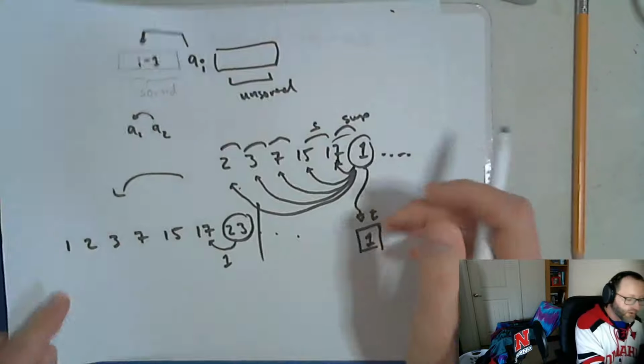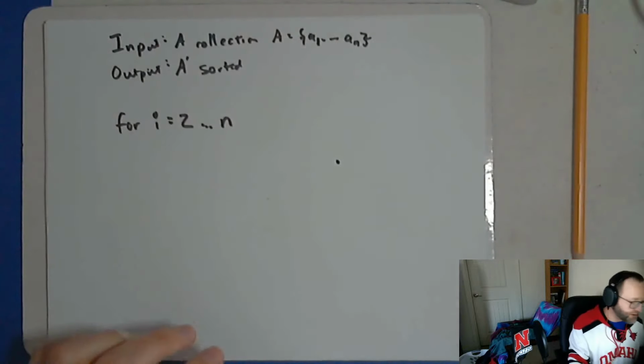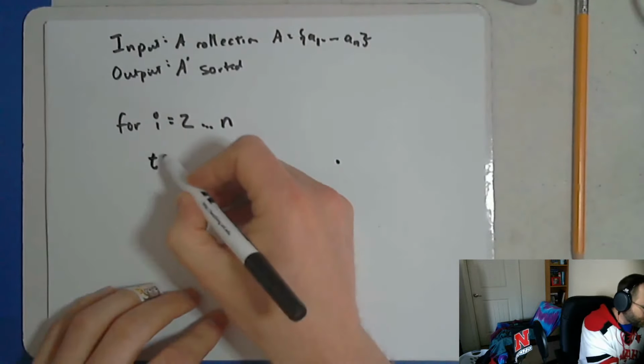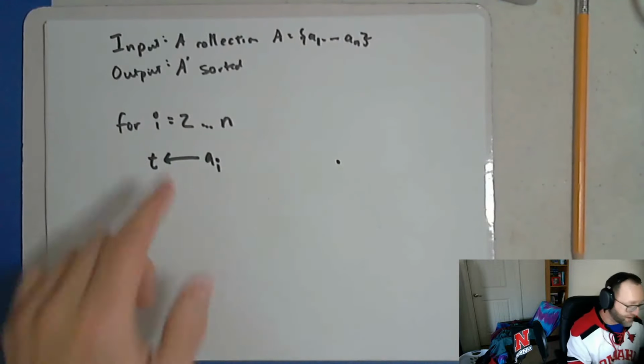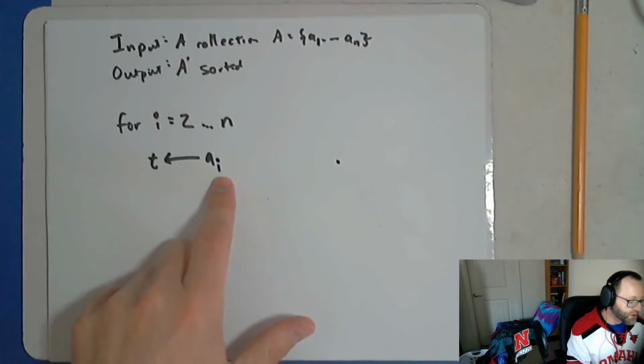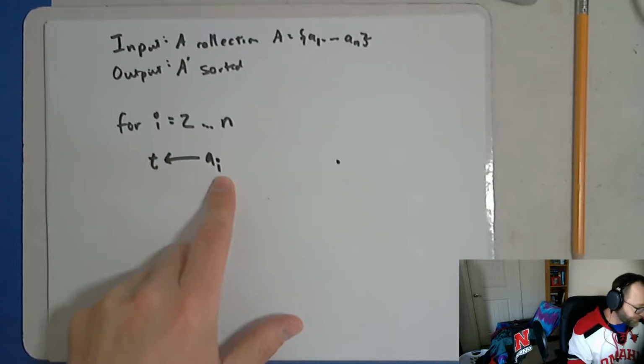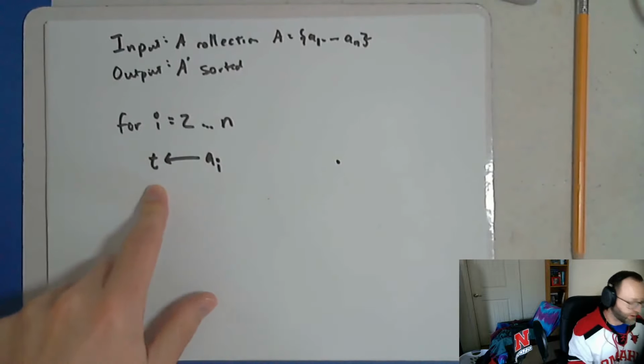The way I'm going to do that is by simply capturing a sub I into a temporary value. In general, remember this is the ith iteration, and so we are trying to put the ith value where it belongs. And I've saved that off into a temporary value.